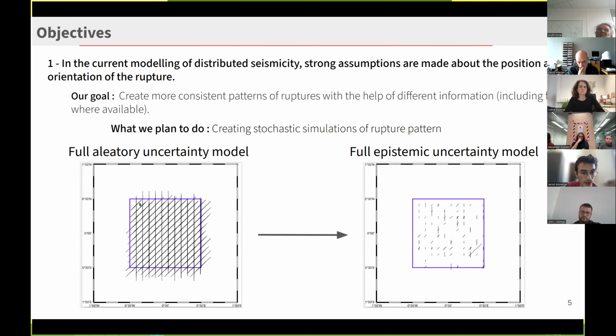As you can see, all the faults are set in the middle of each discretized cell, and in our case, this is a sample modelization here. But as you can see, at every cell, you don't have every position possible, and you don't have all the faults at every cell.